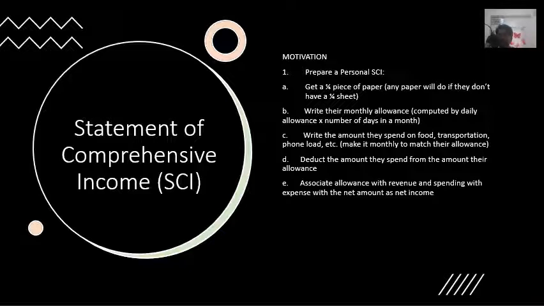So you should also put 1 month of expenses there. You can also add school supplies, etc. Then you have to deduct your expenses in letter C from the amount of your allowance, which we consider revenue, and then get the difference. If it is positive, it will be net income, and if it is negative, it will be a loss.